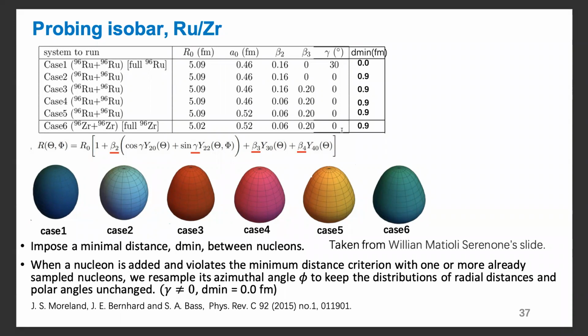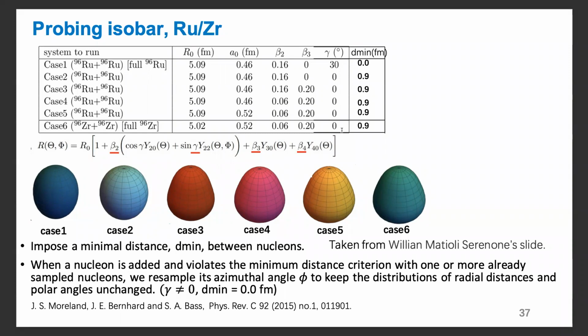And in more detail in the calculation, we impose a minimum distance between nuclei. Technically, when a nucleus is added, and if it violates the minimum distance criterion with one already sampled nucleus, we just resample it at the most angle, which keeps the distribution of radius and polar angle unchanged.